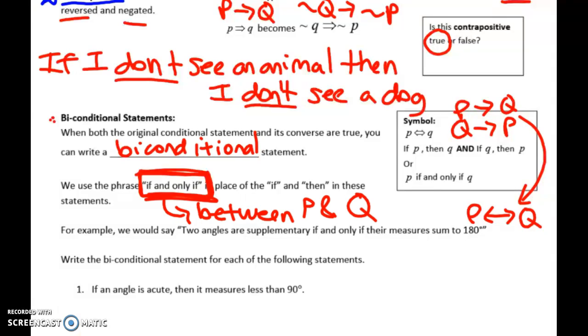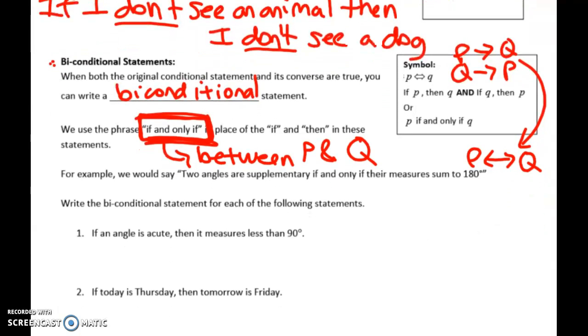Let me show you how it's done on number 1 real quick. What you're going to do first is cross out if and cross out then. There is no if and then in a biconditional statement. So I'm going to rewrite this P and this Q, and I'm going to put if and only if between them.